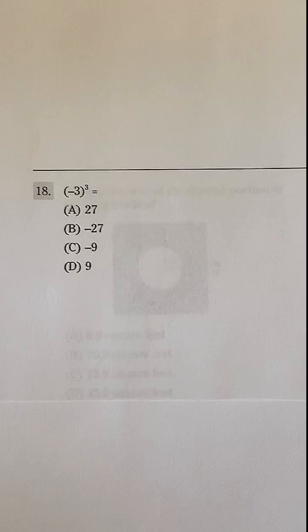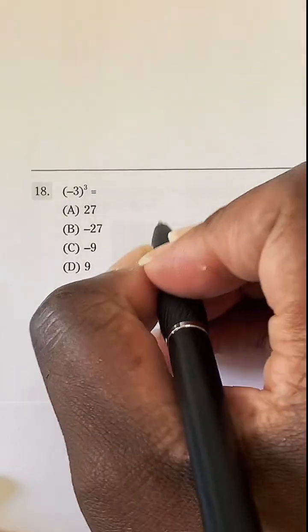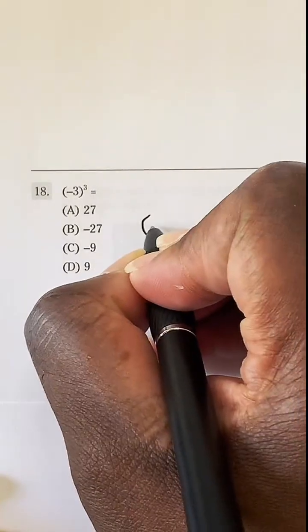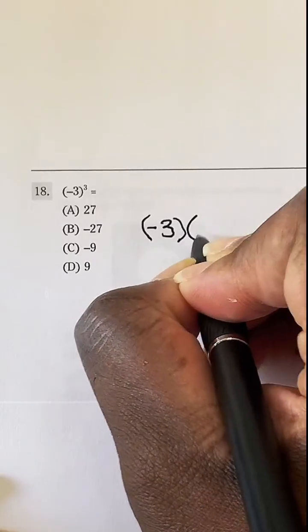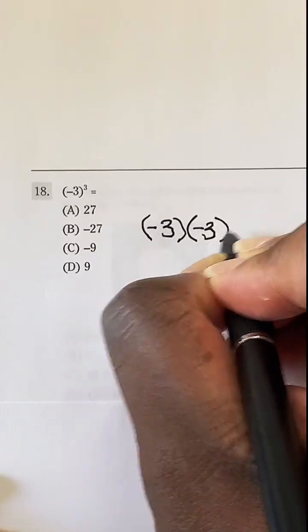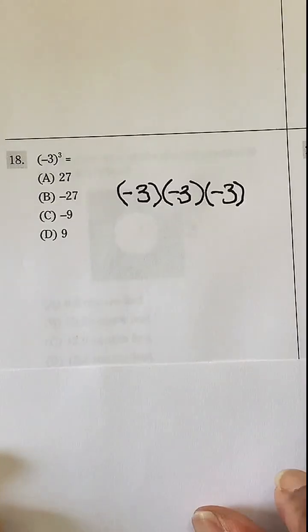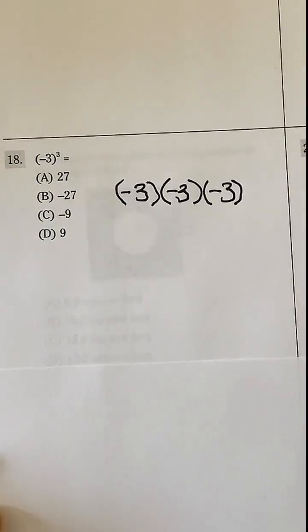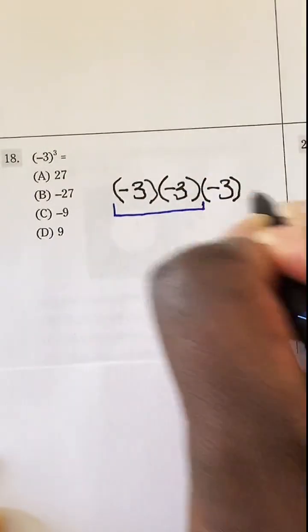All right. So we have here -3, just like what I did earlier. That -3 is being cubed. So that means we're multiplying -3 times itself 3 times. If we want to break it down into sections, we have -3 times -3.